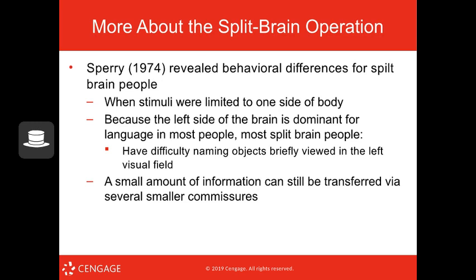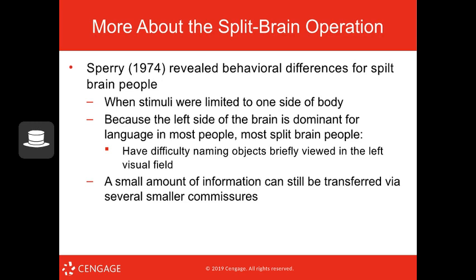If you saw it in the right side, so it goes to the left side of your brain, then you'd have an easier time naming it. We do have those smaller commissures, so there are things that can transfer from side to side. But again, it's like that main bridge, that main highway.